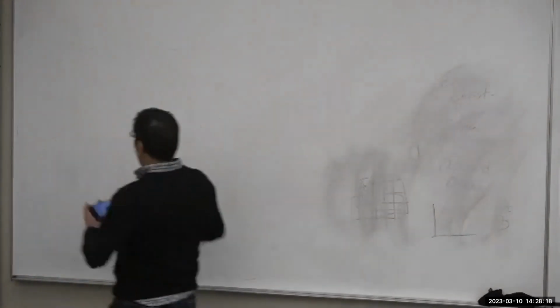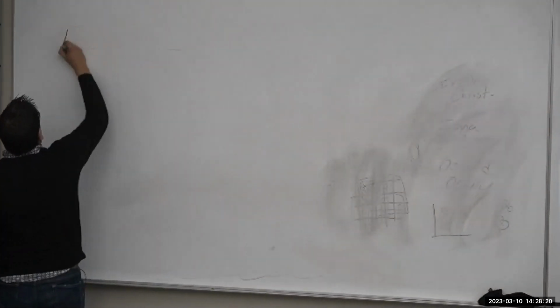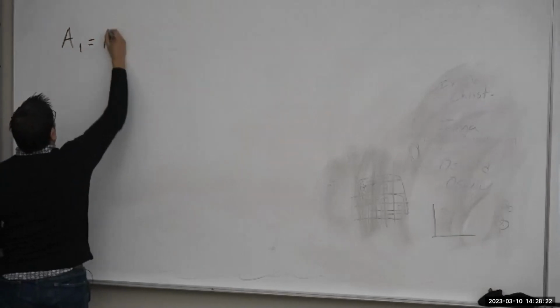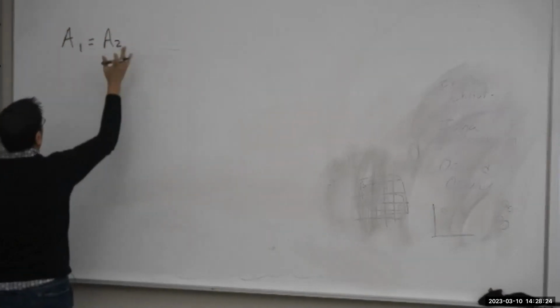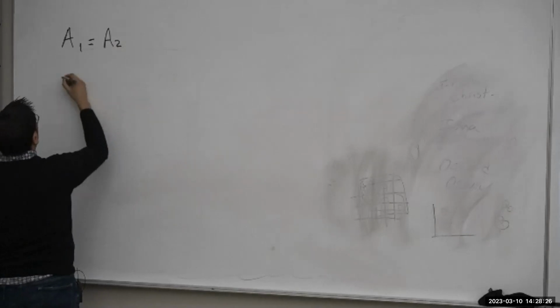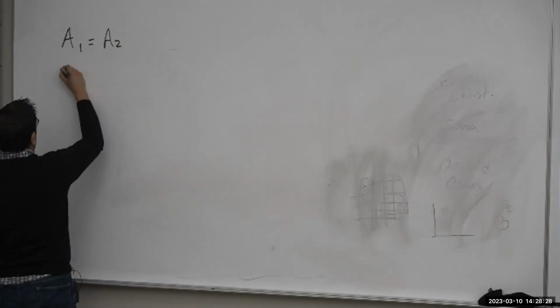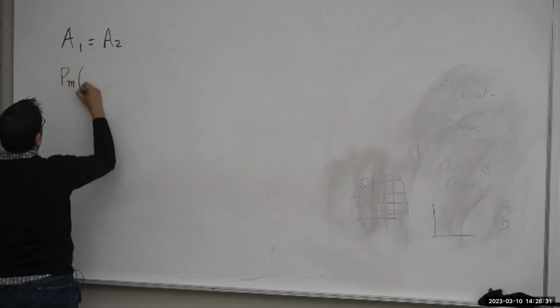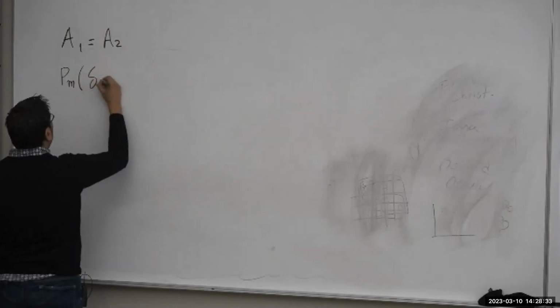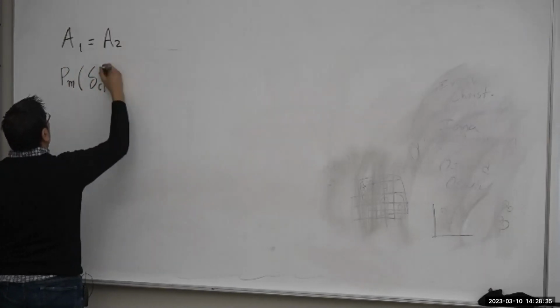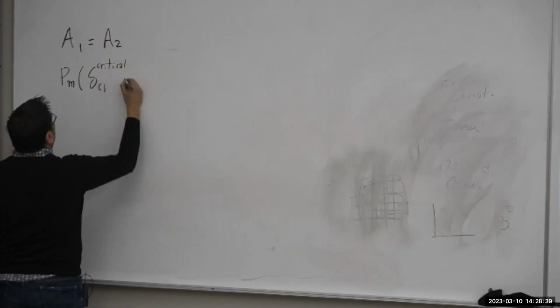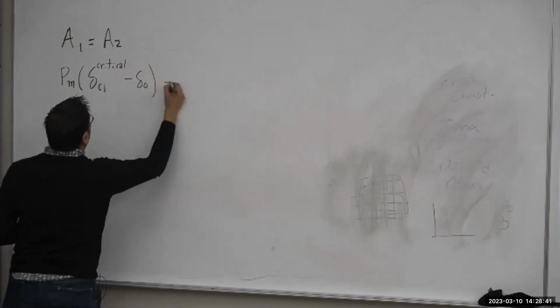So to apply the equal area criterion, A1 must be equal to A2. A1, we said that was PM multiplied by the critical clearing angle minus delta zero.